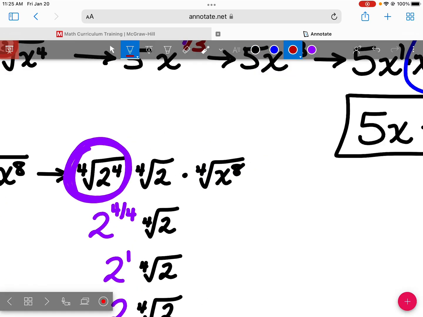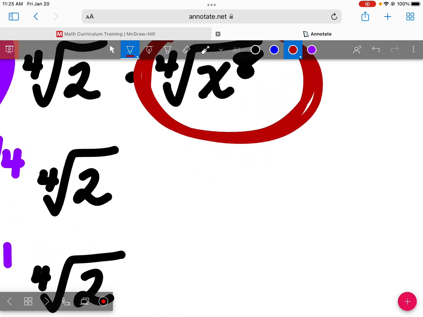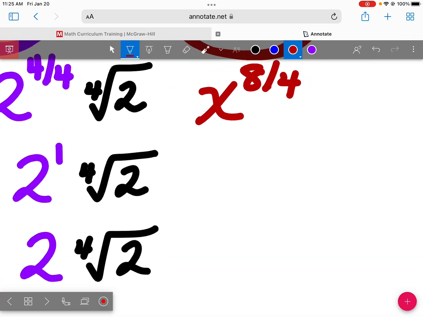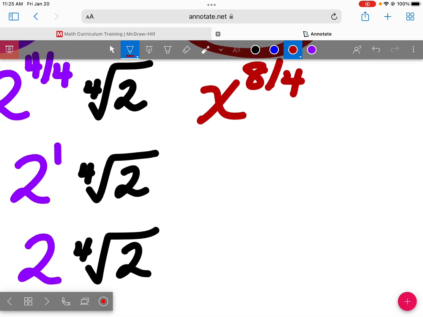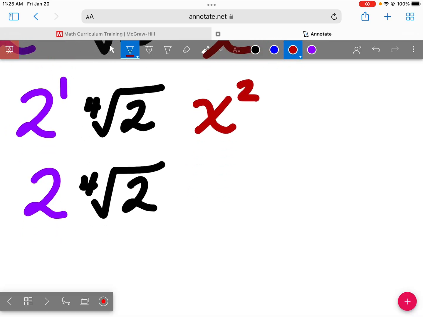What about this? What can I do with this last piece back here? Divide x to the 8 divided by 4. 8 divided by 4 is going to be what? Yep, so I have x squared.